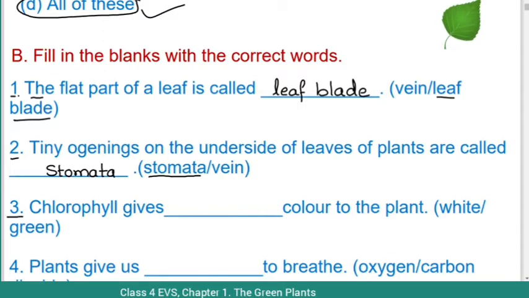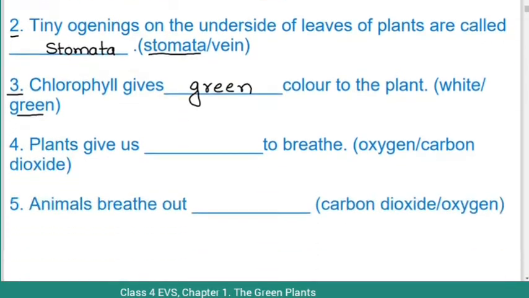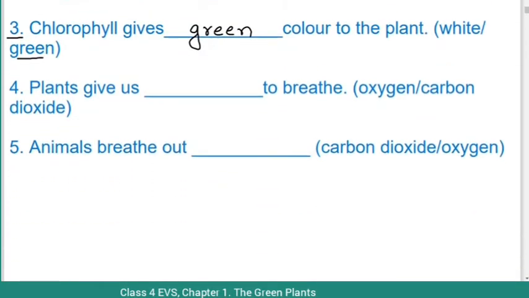Third one, chlorophyll gives dash color to the plant. Chlorophyll gives green color to the plant. So due to chlorophyll pigment, leaves are green in color. Fourth one, plants give us dash to breathe.